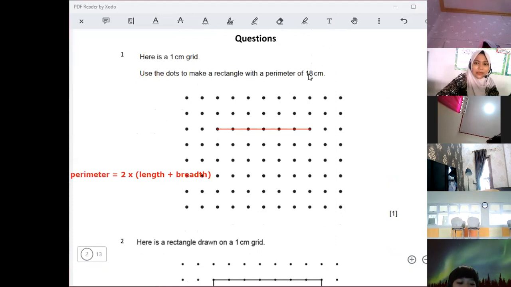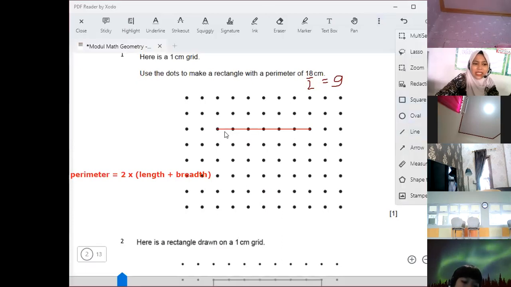So now we have 18 divided by 2 is 9, right? So that later the 9 here will be the total of the length and the breadth.